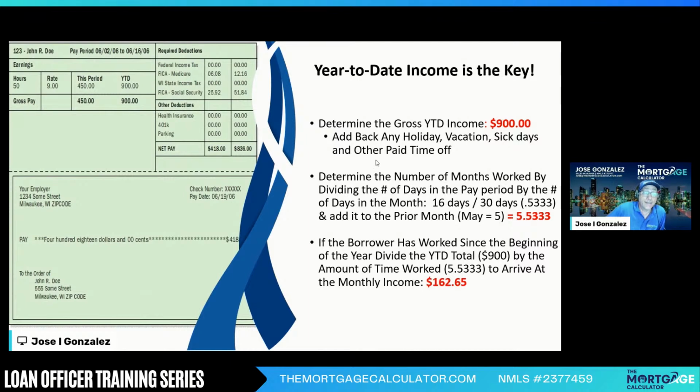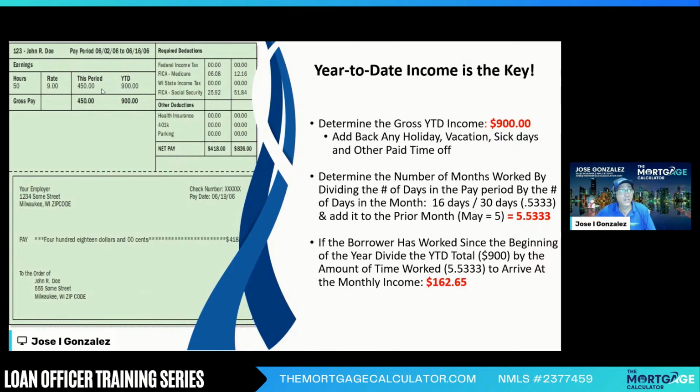Now, if it was a more complicated pay stub, the borrower may have holiday that he got paid for, vacation time that they got paid for, sick days, and other paid time off. And once you confirm that that's what that is, you would add all of that income to the base pay to arrive at a total year to date.